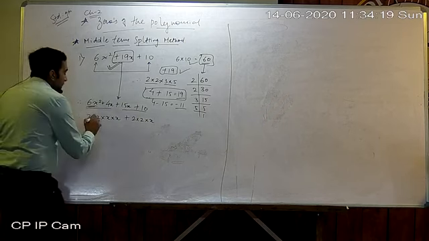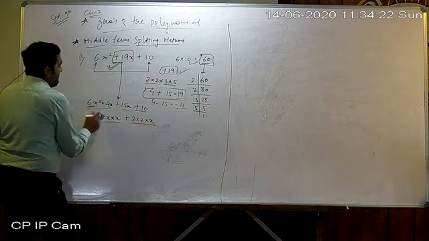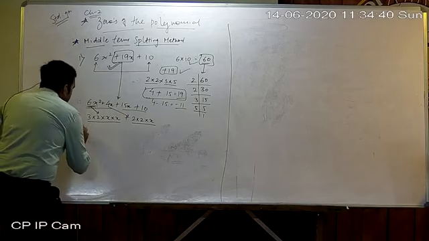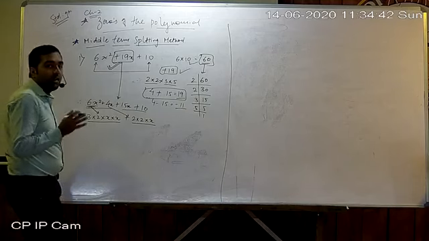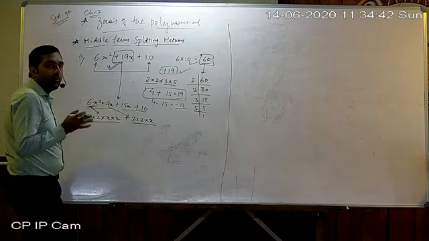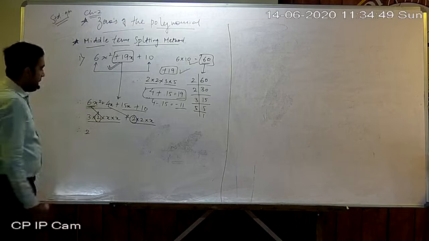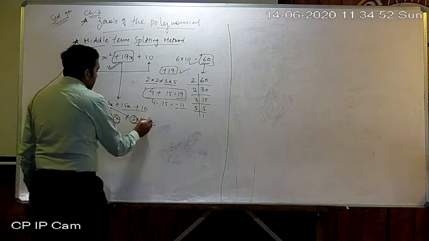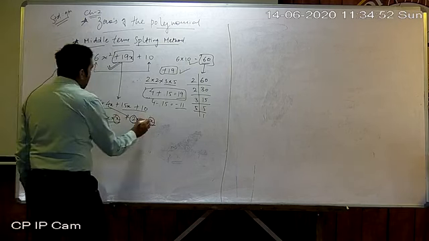Here are my two terms, 6x square and 4x, and their factors. Now see which numbers we have to take common in both of the terms. I'll take 2 from both of them, and I'll take x from both of them. Okay.